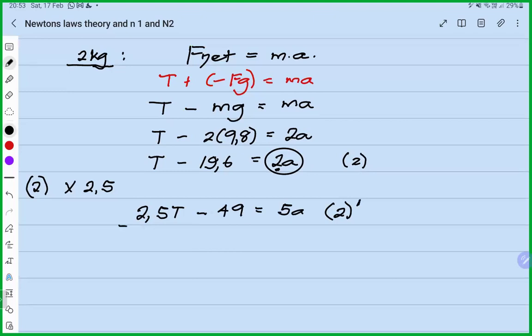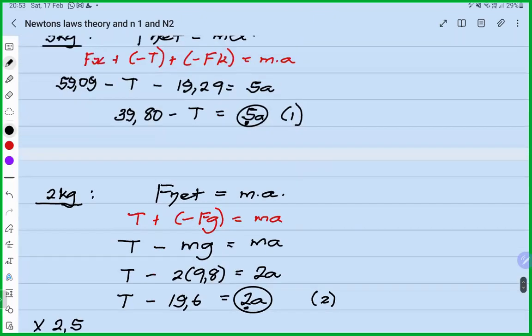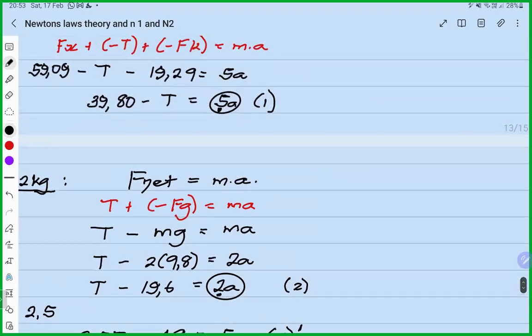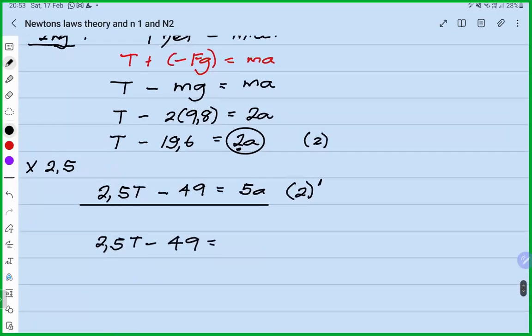You got 5A equals 2.5t minus 49. You got 5A equals 39.8 minus t. You now can equate the left-hand side. So 2.5t minus 49 is equal to 39.80 minus t.